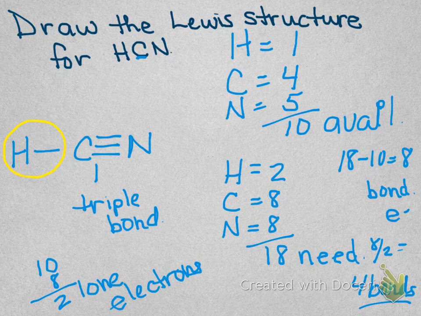It's completely stable. Carbon has 3 bonds here, 1 bond here, so it's stable. Notice nitrogen has 3 bonds, so only 6 electrons. So nitrogen needs that extra 2 electrons. Now, nitrogen has 8 electrons in its most stable electron configuration.